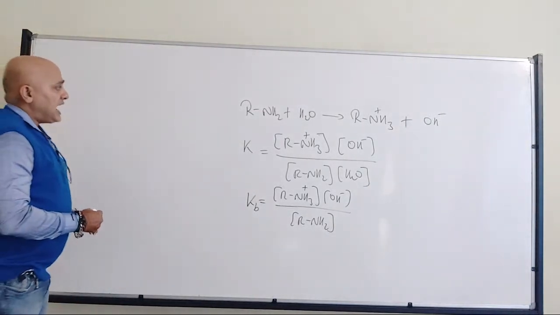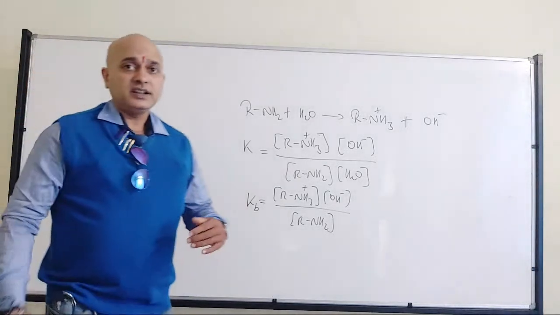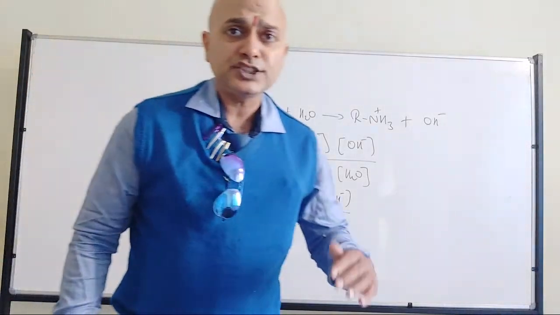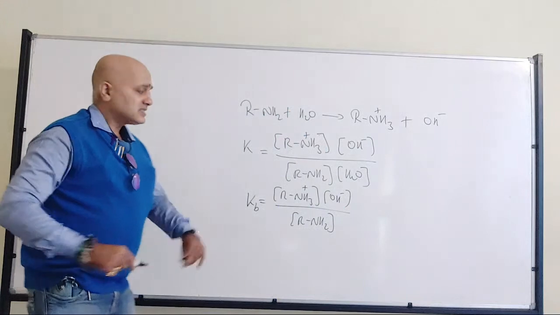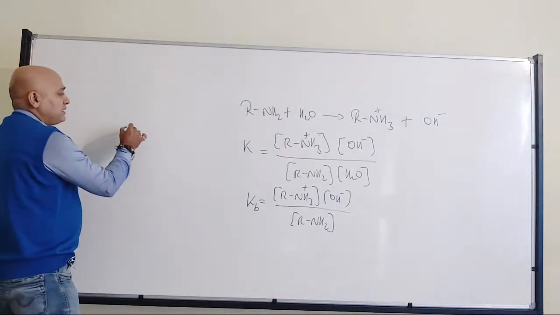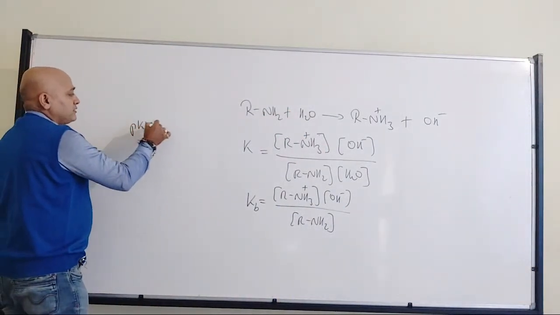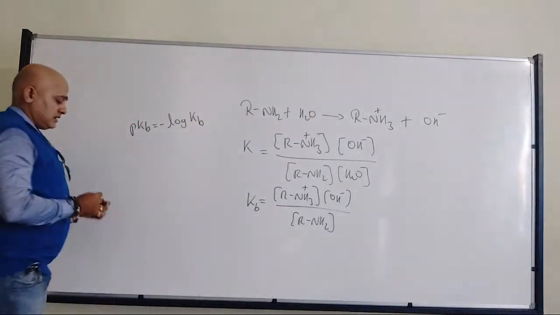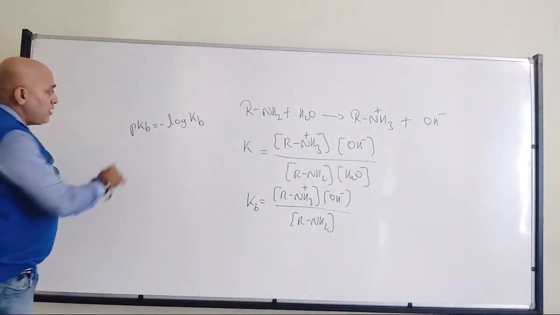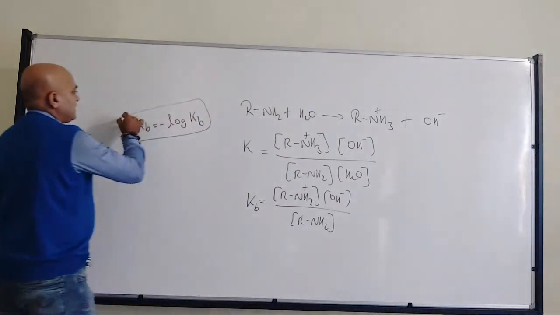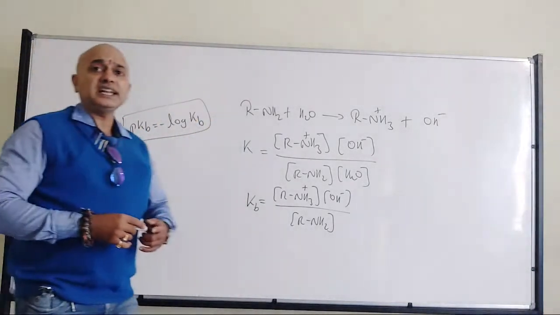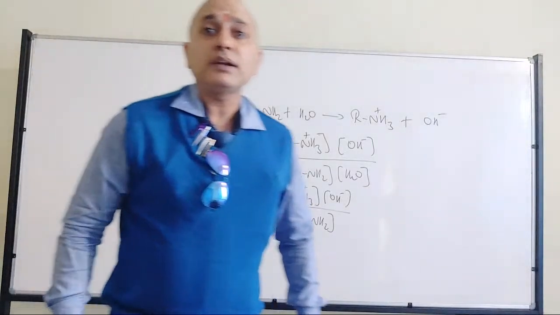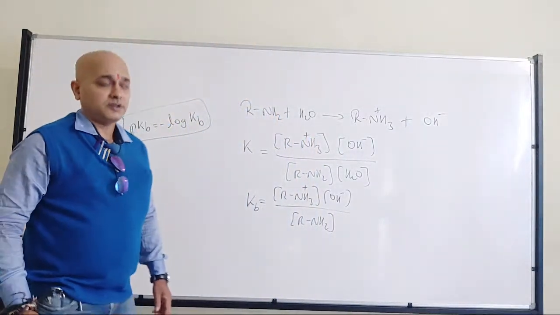Right? Now, just as we have the relation between H plus concentration and the pH, same way for Kb also, we have pKb, which is equal to minus log of Kb. Everything you people have studied in your chemical equilibrium topic of first year, no doubt.